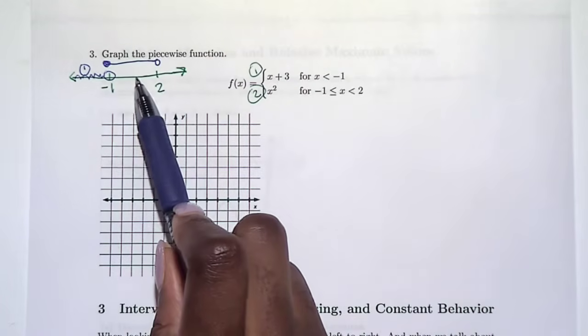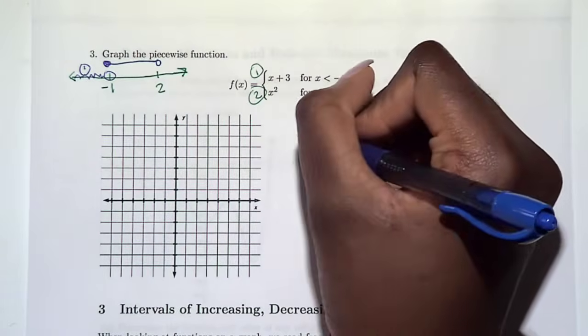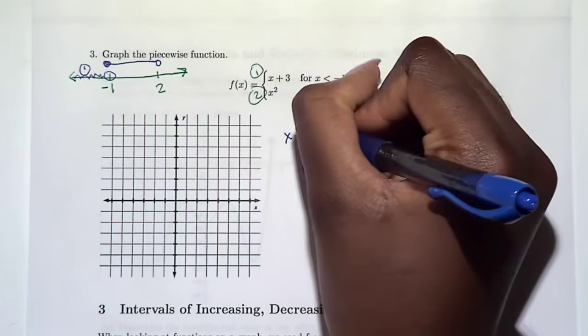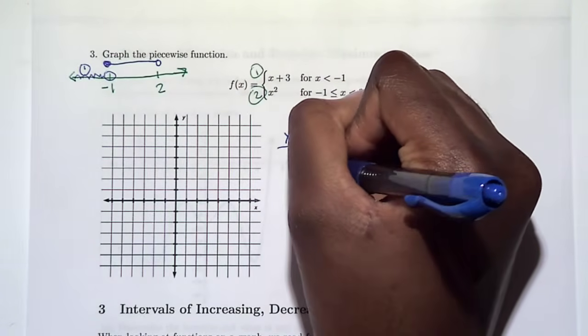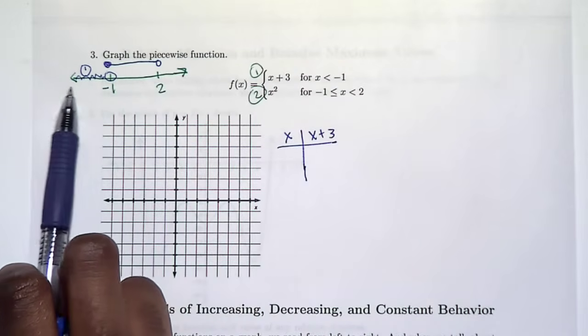No, 0 is somewhere over here, so it's not included. So we don't want to graph using x-intercepts, but we could do an XY table, get some points that work, and then draw that line. All right, so let's see, x and x plus 3, and when you're choosing x values, make sure you choose these x values in here.